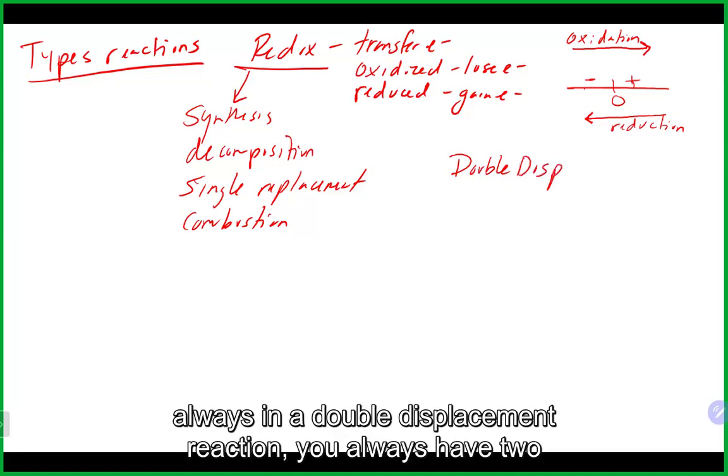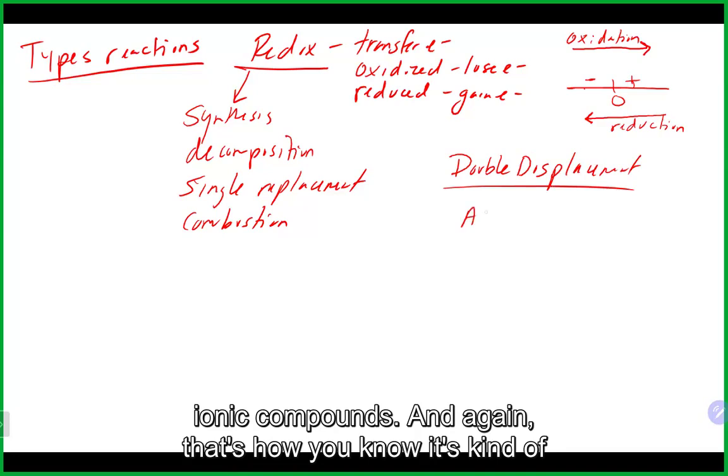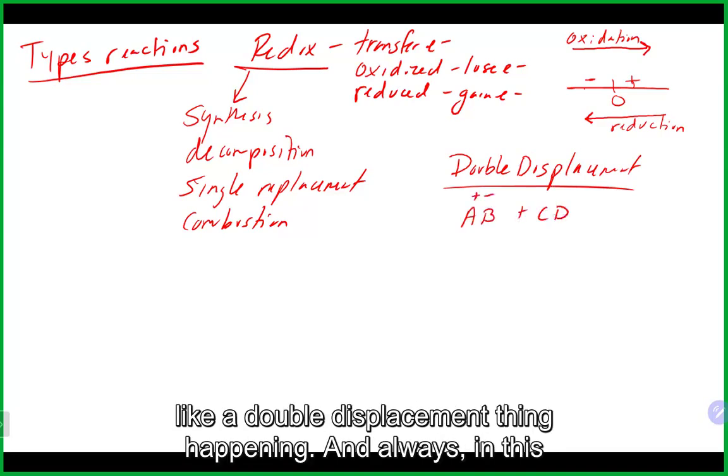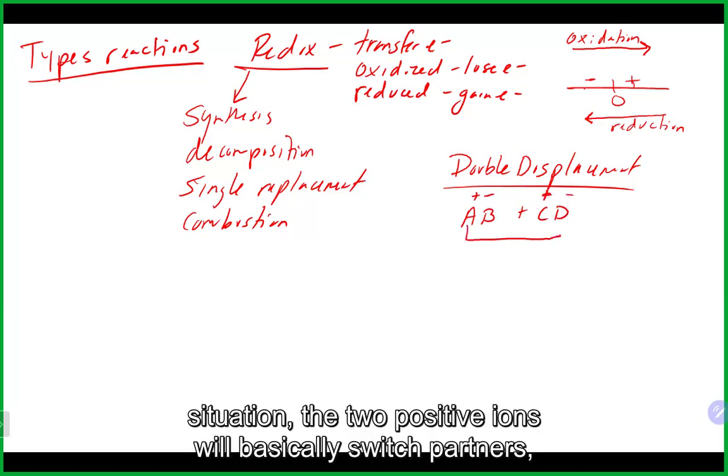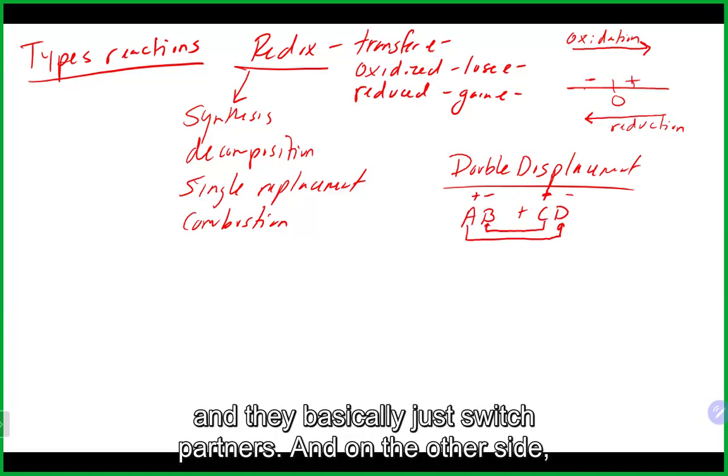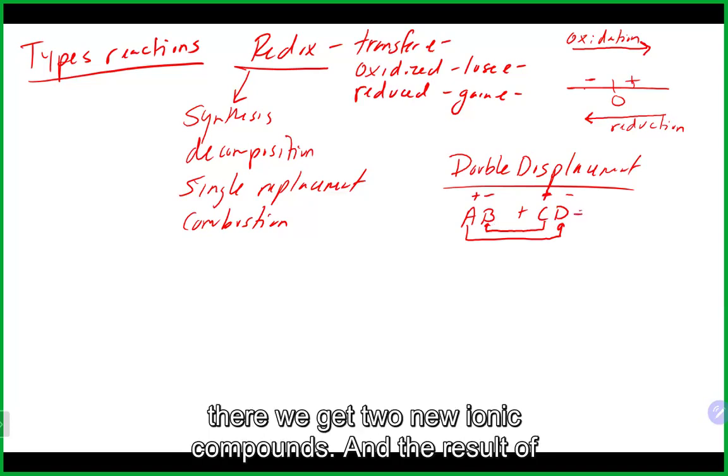And always in a double displacement reaction, you always have two ionic compounds. And again, that's how you know there's a double displacement thing happening. And always in this situation, the two positive ions will basically switch partners. And on the other side, we get two new ionic compounds.